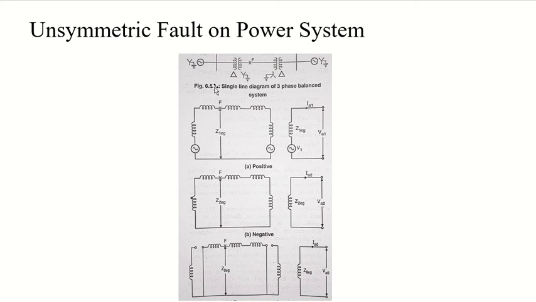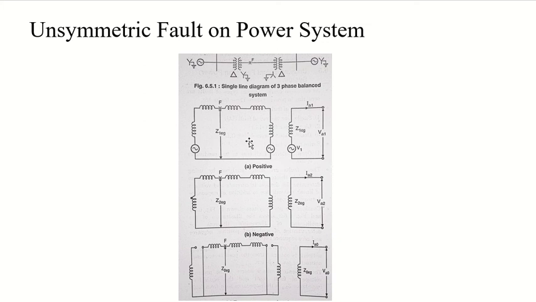In that, we took two generators on either side, and then we have a bus bar, and we are connecting it with delta to star, with star grounded, and then star to delta with delta grounded. So that's my power system.